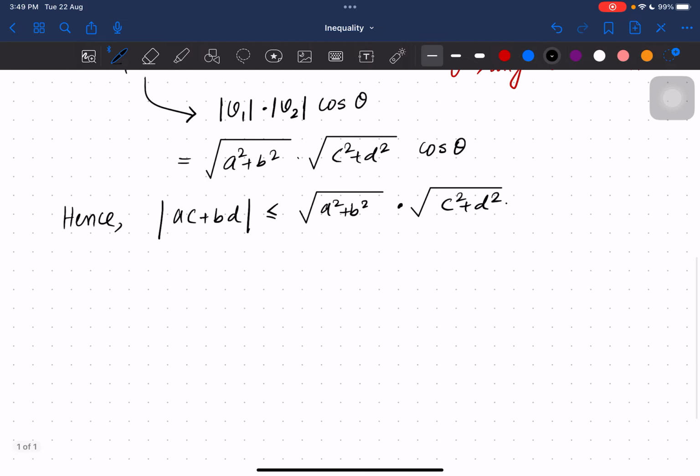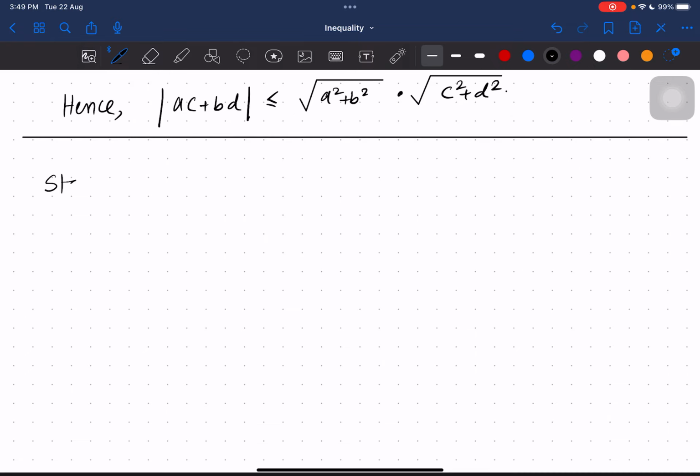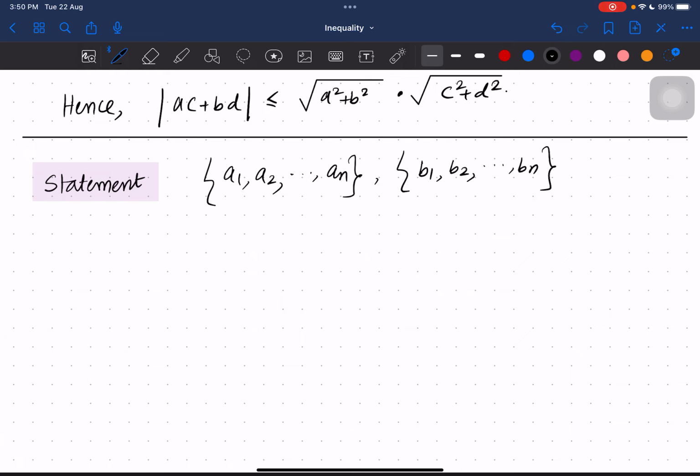So let me give you the statement. Suppose you have two sets of real numbers, each containing the same number of elements. So suppose a1, a2 up to an, and you have another set b1, b2 up to bn, be any two sets of real numbers.